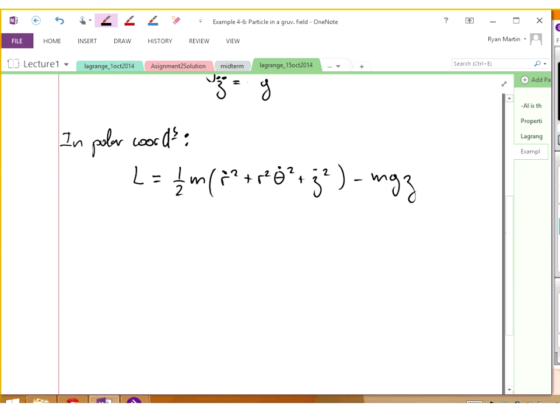And so here again now, if you use the Euler-Lagrange equations, you'll get the equations of motion that r double dot is equal to r theta dot squared, theta double dot is 0, and z double dot is minus g. I believe that's correct.